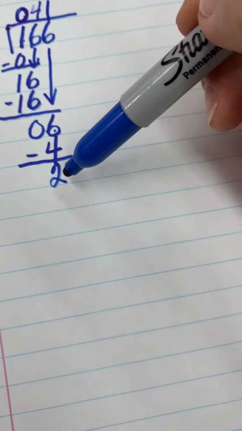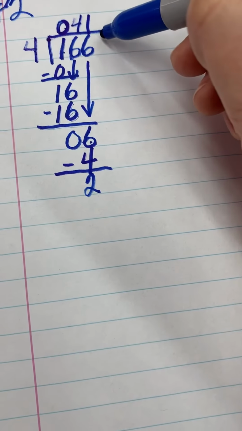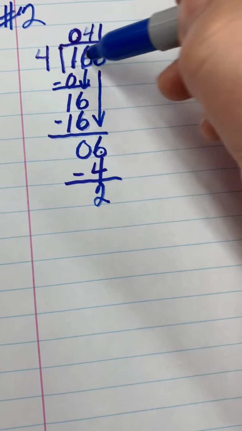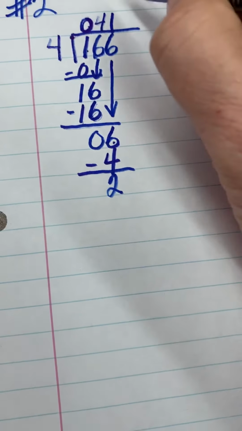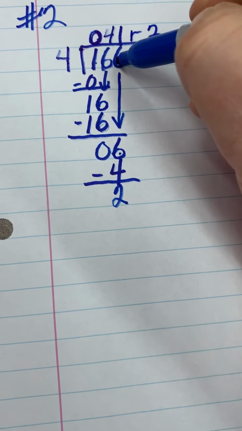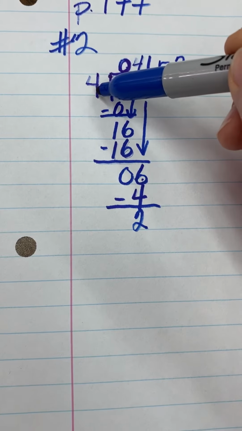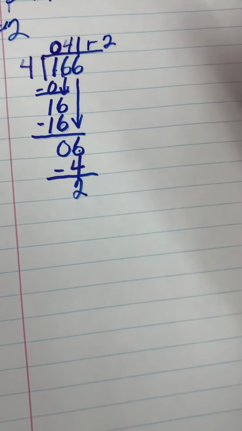Now, with my 2 cookies and my 4 people, I'm back to not dividing evenly, and I'm finished with all the numbers in my dividend. So I'm finished solving this problem, and my remainder is 2. So 166 divided into 4 equal groups gives us 41 items with 2 left over.